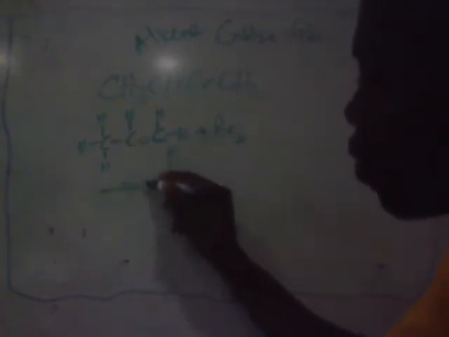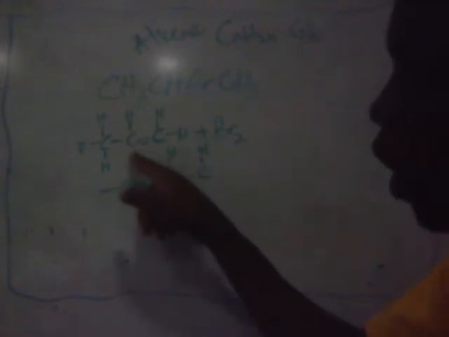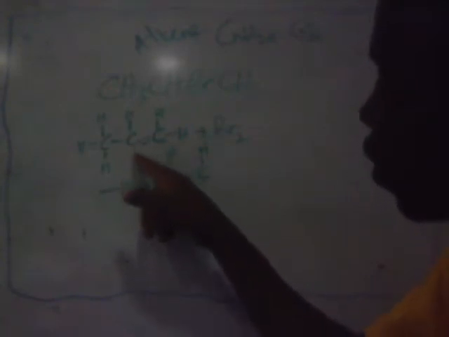I'm writing this carbon, then the carbon with hydrogen at the top. We need one more element here, which is one of the bromine. Then this double bond becomes a single bond.